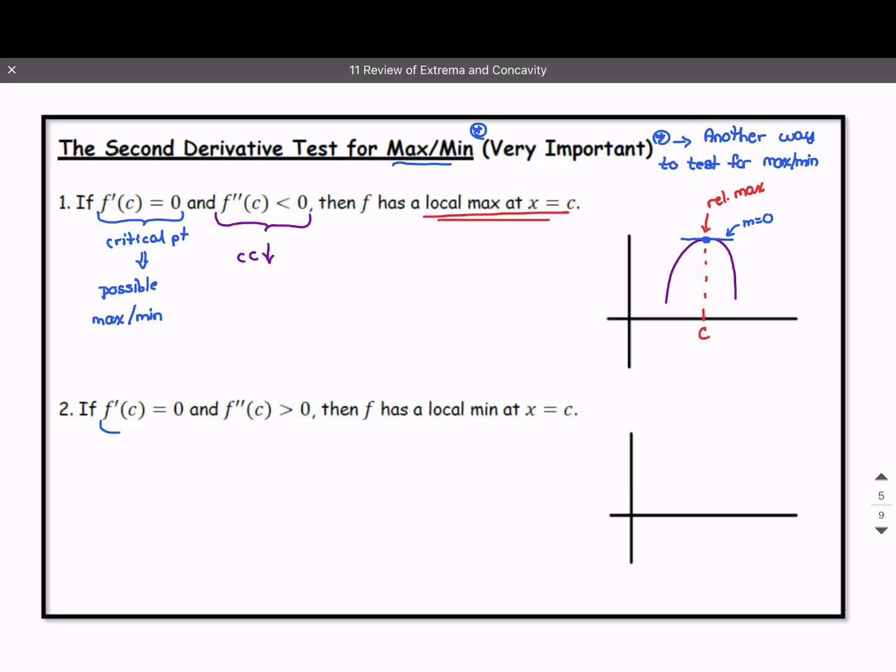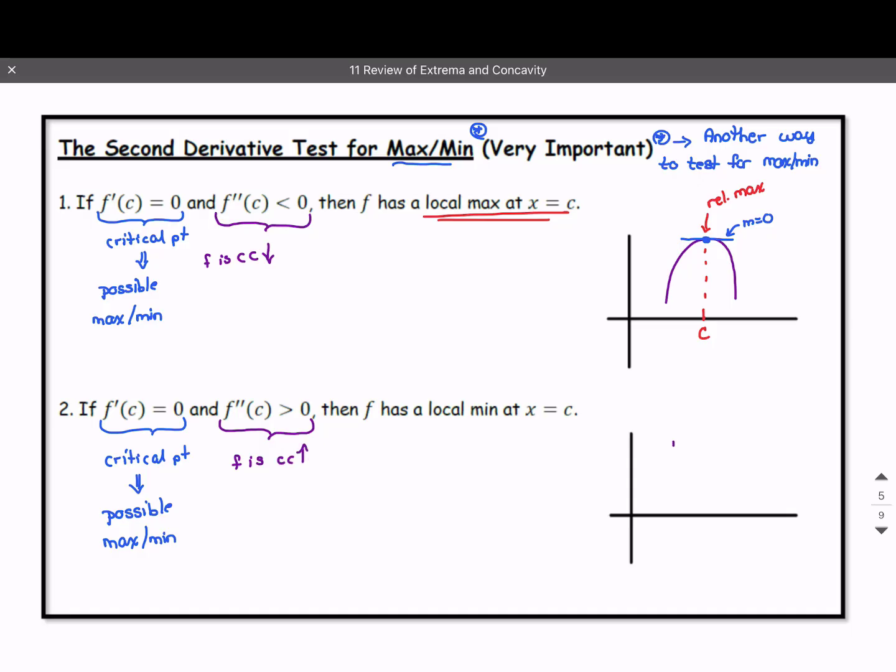If we know that the derivative is 0, so again, we have a critical point, which means we have a possible max or min. And if we know that the second derivative is positive, that means that f is going to be concave up.